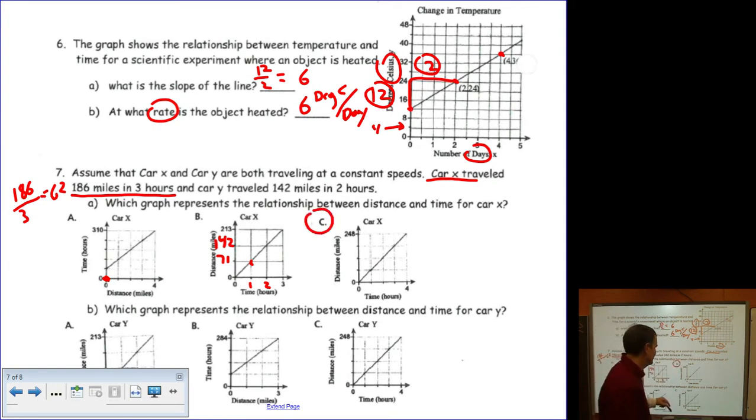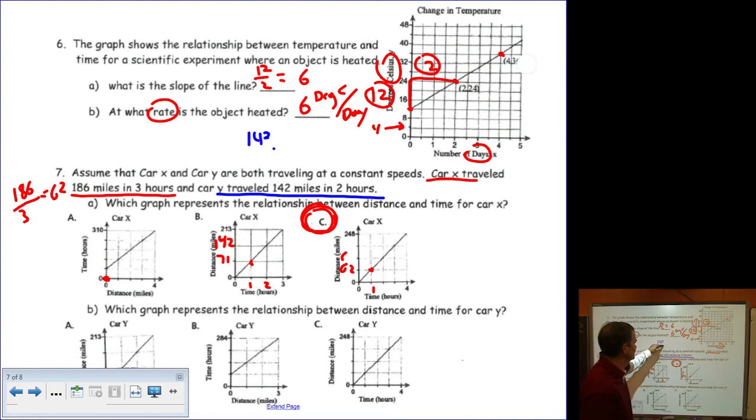It must be graph C. 248 divided by 4 is 62. Yep. So this one is going up 62 miles per hour. It is graph C.